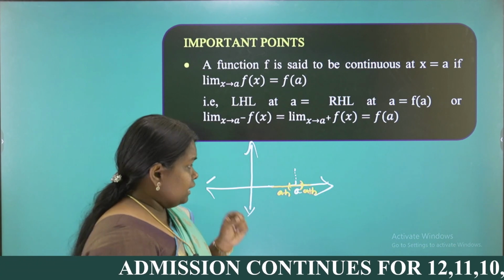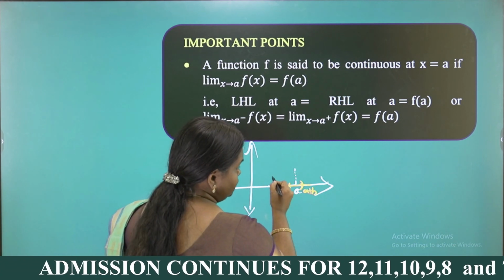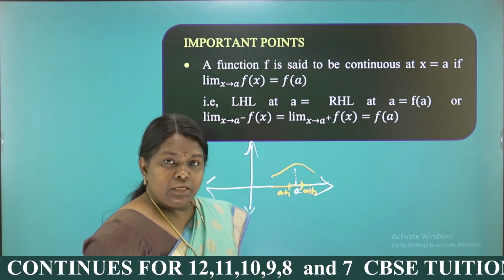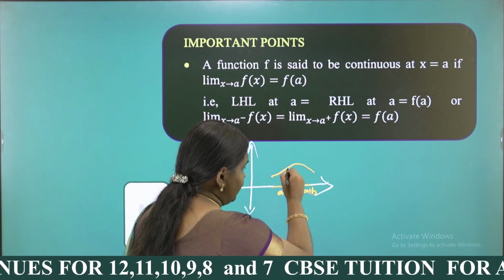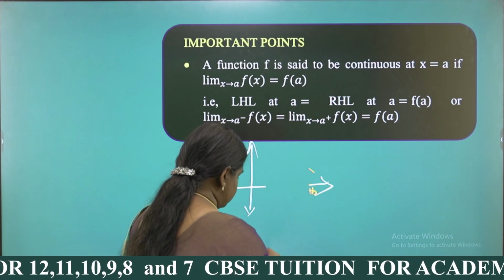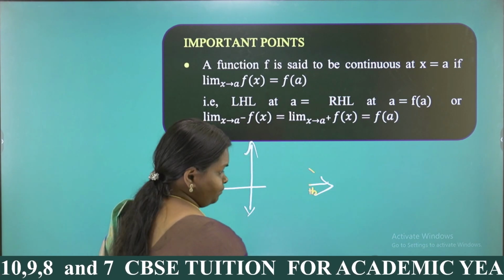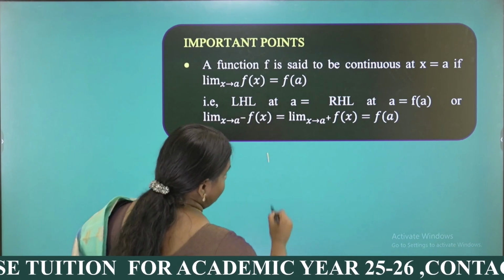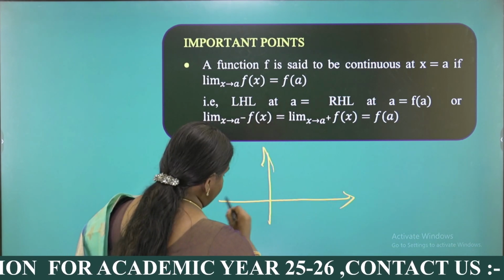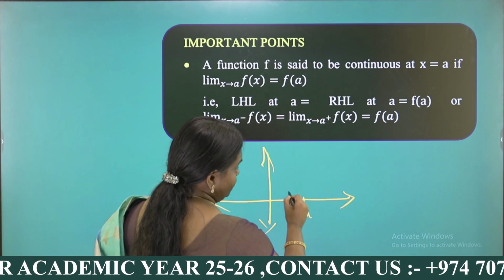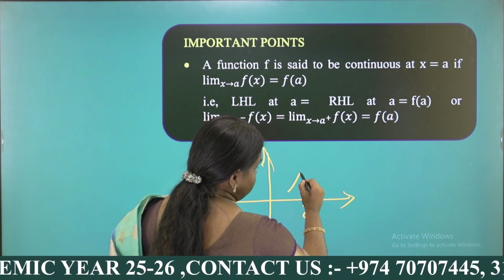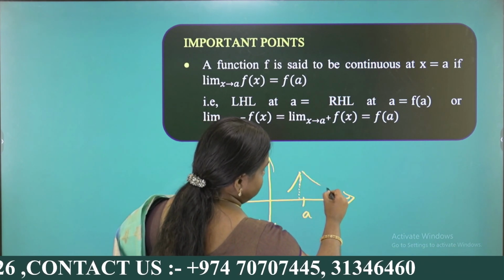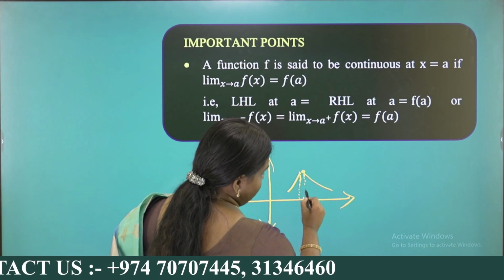In that, suppose the function is like this. Sorry dears, I'll draw the figure once more. Suppose the function is like this, and this is a. This is for a minus h, and here this is a plus h.